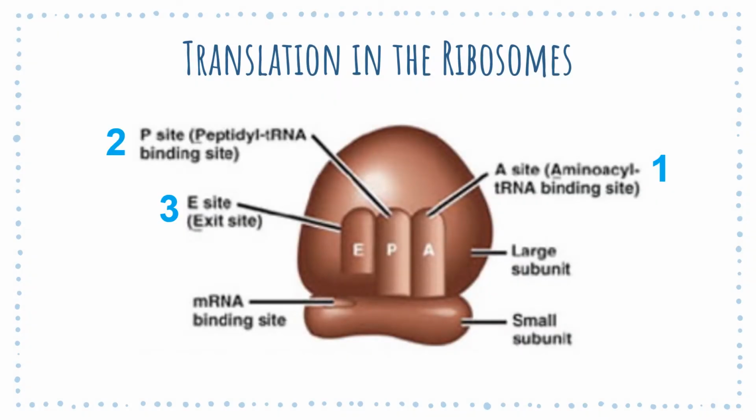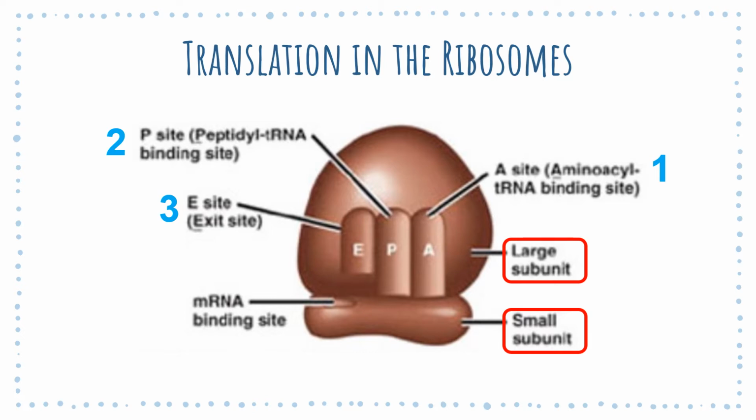Now let's go to the actual process of translation. It involves a cellular organelle called the ribosome. The ribosome has two parts, a small subunit where the mRNA attaches to, and a large subunit where the tRNA molecules enter. The large subunit has three chambers.